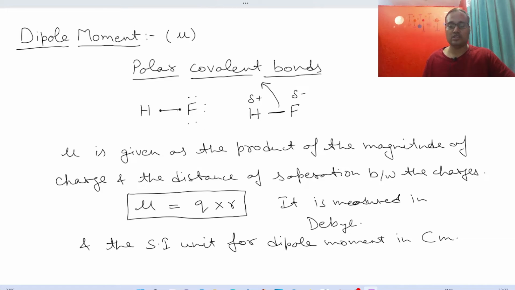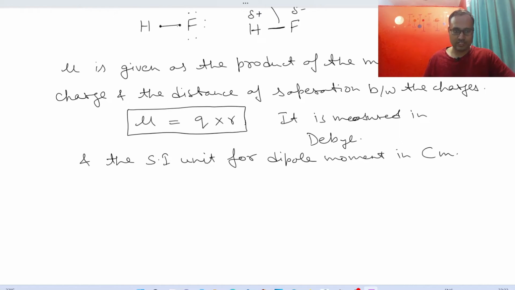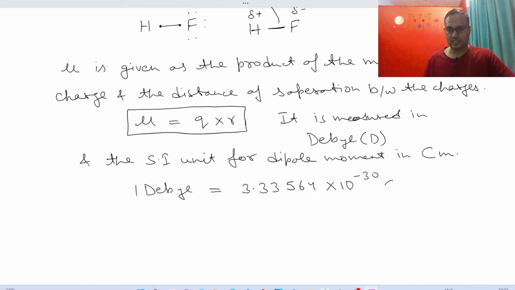Now how is this debye connected to coulomb meter? 1 debye, which is also represented with a capital D, can be written as 3.33564 into 10 raised to the power minus 30 coulomb meter. So this is the relation between the debye and coulomb meter.